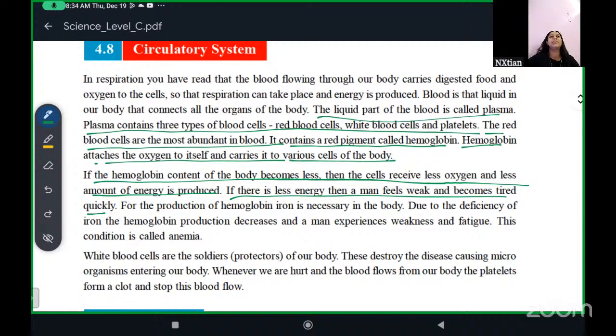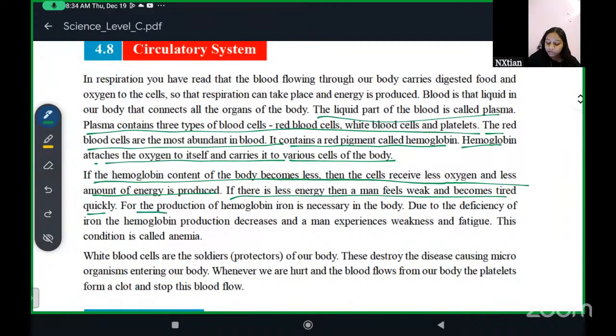Since the hemoglobin is lesser, the RBC is lesser, the transportation of oxygen to the cells of the body will be reduced. And if the cells do not have oxygen, how will they produce energy? Energy will not be produced, which will make the person feel weak.